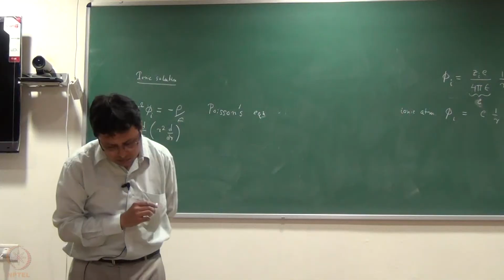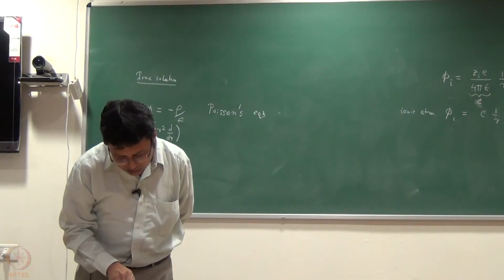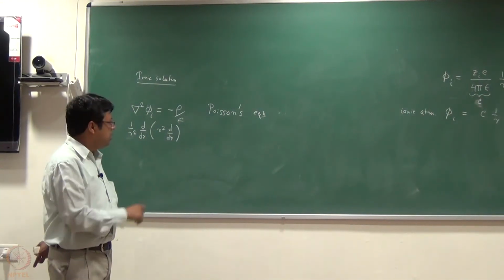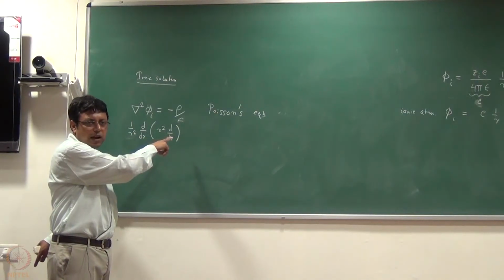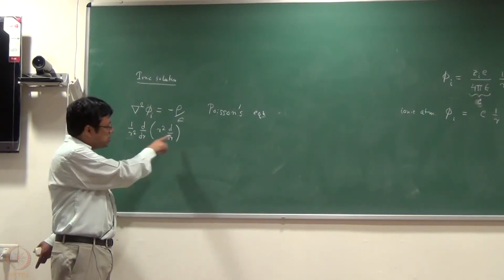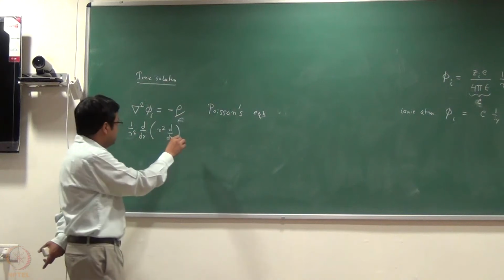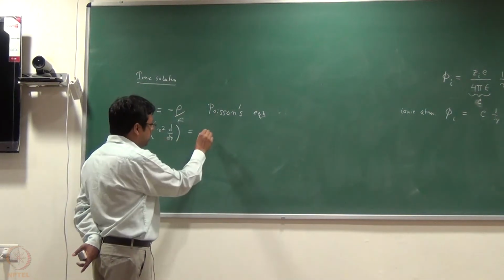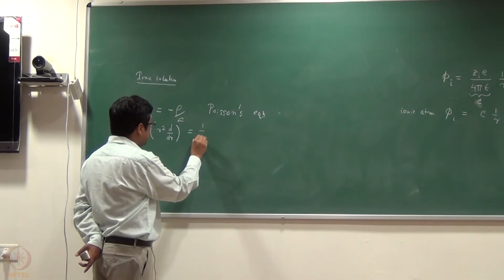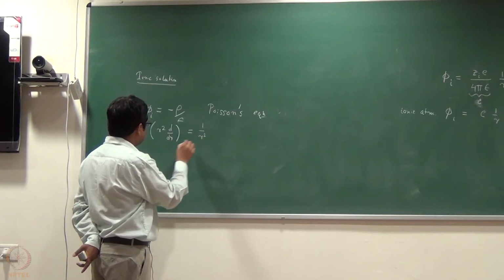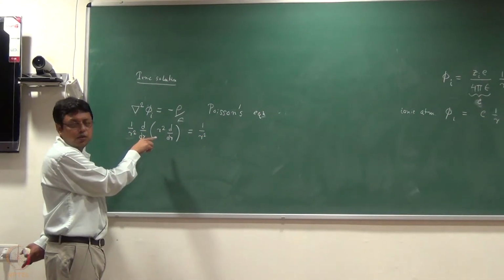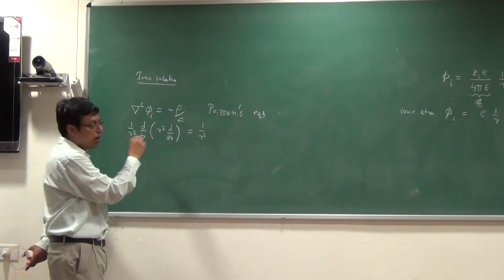I can right now write phi here, but let us not do it. Let us first simplify this thing itself. We can do it in any way you want. So I'll have 1 by r squared d/dr of this. So I'll have basically 2r.